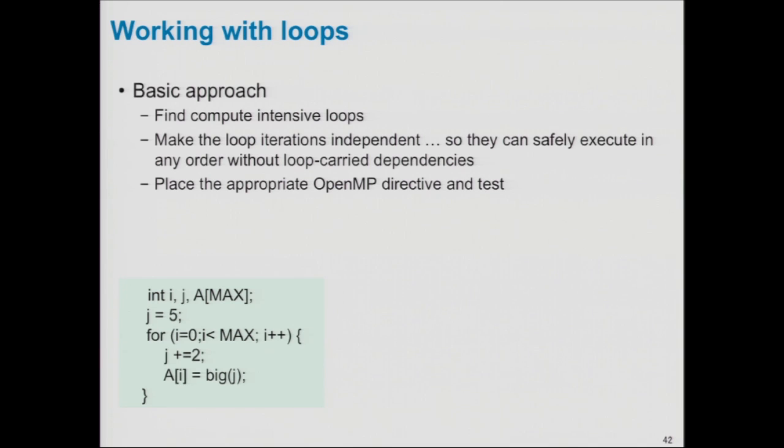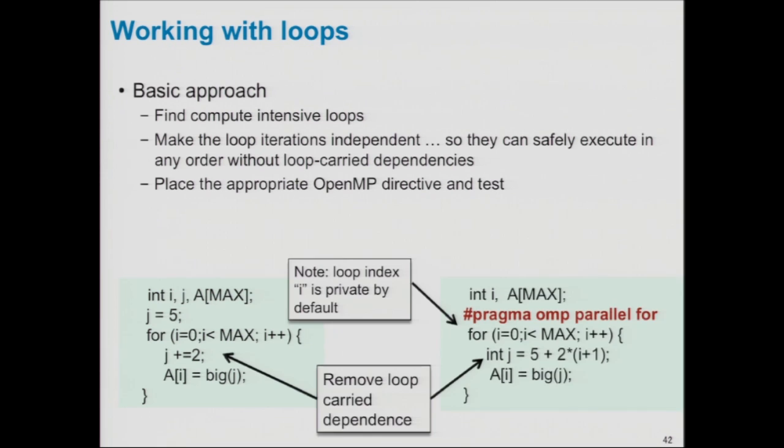Okay, so using OpenMP to parallelize loops, really what you're going to want to do is go and find your loops that have a lot of meat to them, that have a fair amount of computation in them. And then you want to make sure that those iterations are independent, so you can execute them in any order without loop carried dependencies, and then you just need to use the directives to parallelize them, all right, and make sure that everything has been executed, okay, and make sure that you've gotten the performance that you were hoping for.